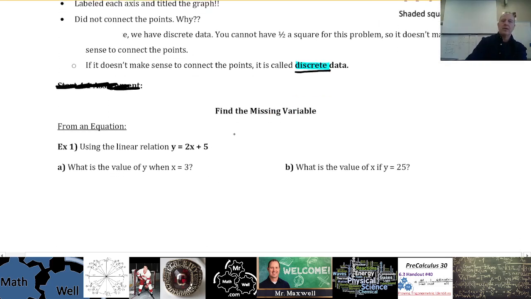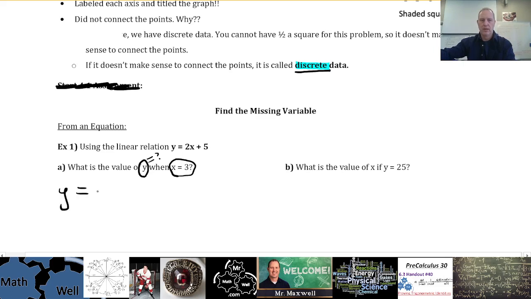All right, from the equation, find the missing variable. Are you ready? Use the linear equation, or relation here, which is an equation really, y equals 2x plus 5, to find out what the y value is, so we don't know what the y is, when x equals 3. So in doing this, we want to substitute x equals 3 into the equation and then solve for the unknown y, which is going to be really easy.